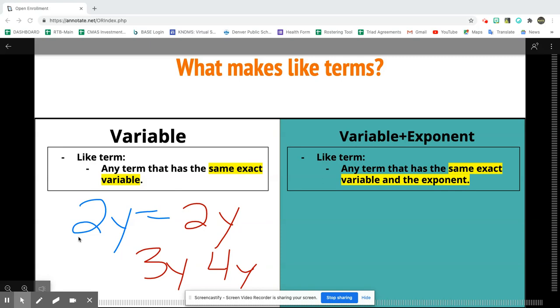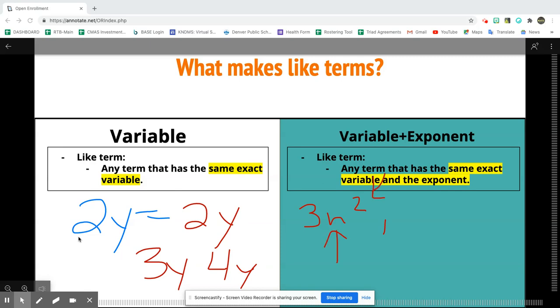So terms that just have a variable are one term. Terms that have a variable and exponent are a separate term. They're not the same thing. They're two different terms. And once again, when we're working with terms that have a variable and exponent, like 3n squared, for them to be considered like terms, they need to have the same variable and the same exponent.